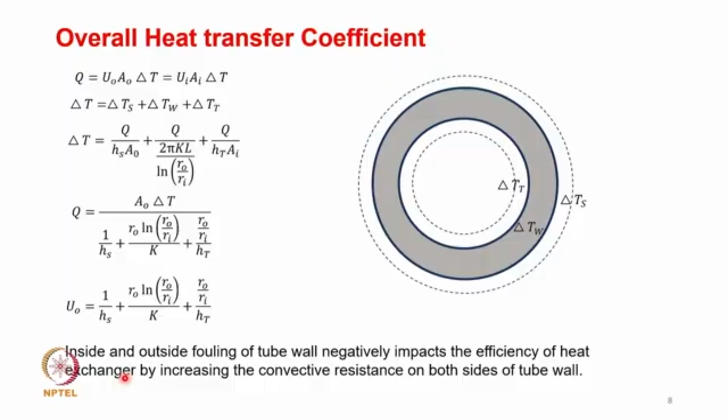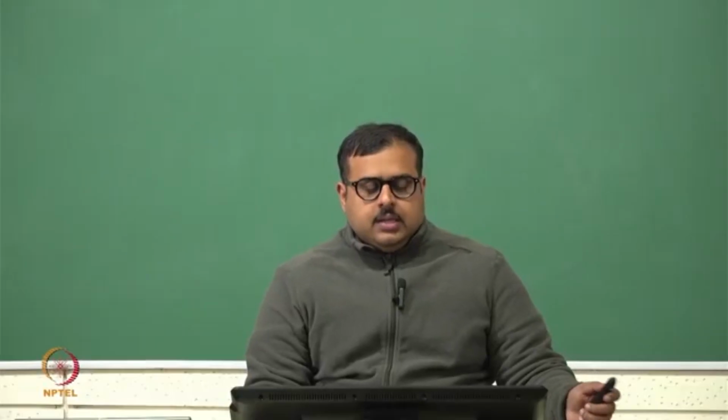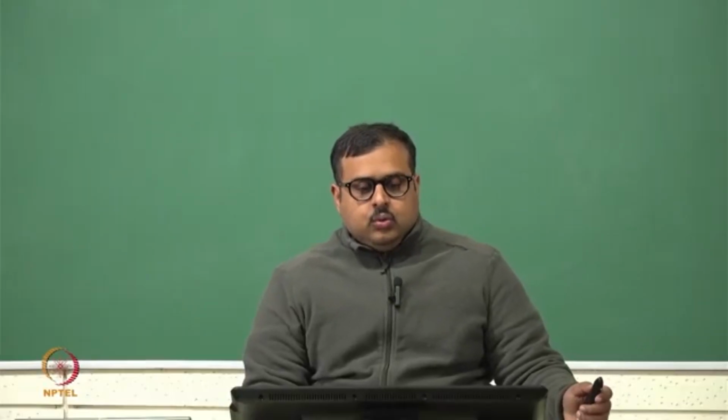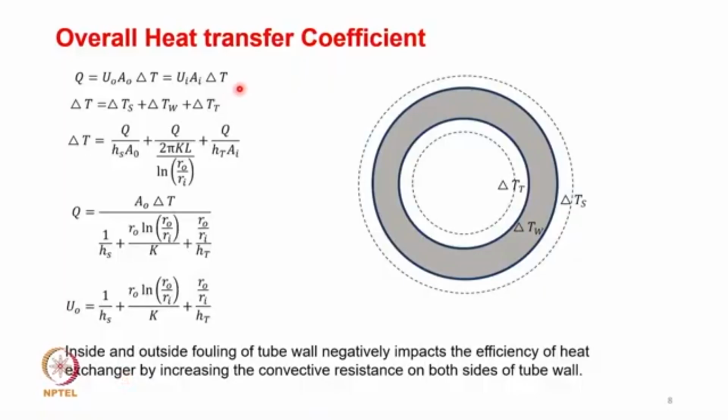So now let's go ahead and compute the overall heat transfer coefficient. Q is of course U naught A naught into delta T, and also equal to UI AI delta T, because heat transfer across the tube side and shell side should be fundamentally equal due to energy conservation.